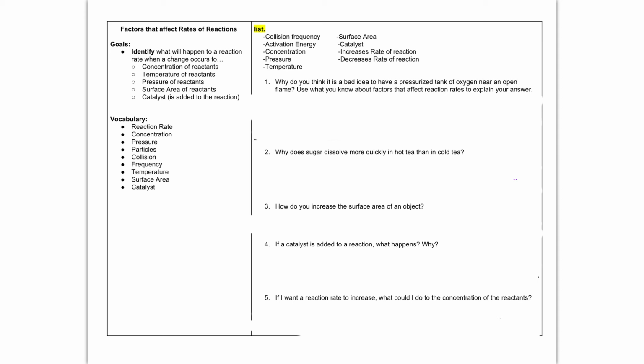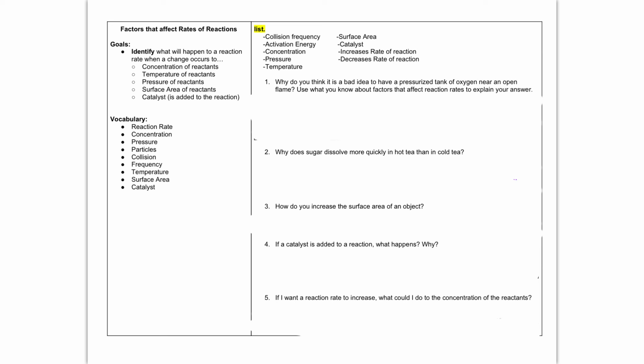So the last section is factors that affect reaction rate. And in this section, you're going to have to be writing answers on the test, explaining what factors and how they affected the reaction rates.